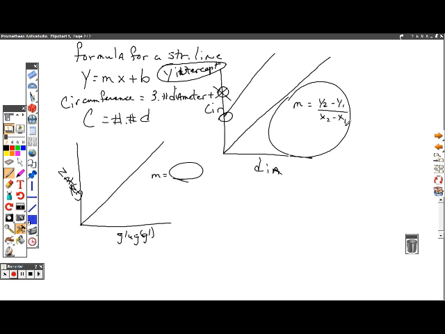Then up here in this area, I expect you to put y equals mx plus b. Then I expect you to substitute in c equals my slope, 3 point something, and diameter. That's going to be your formula for that one. B is where the line crosses the y-axis, and it's 0 because we talked about why yesterday and the day before.